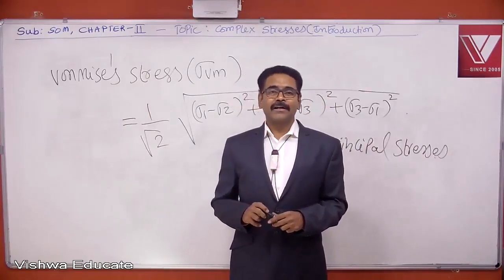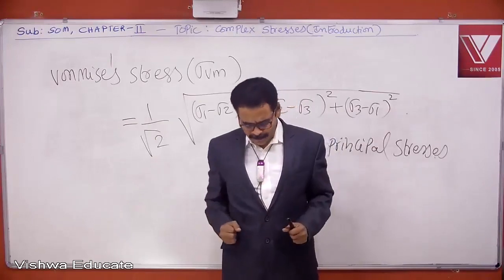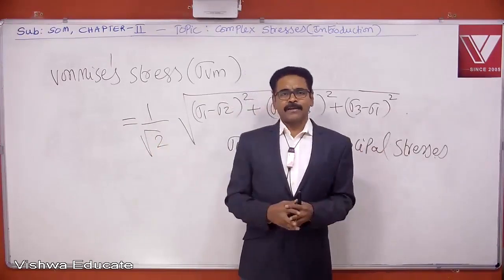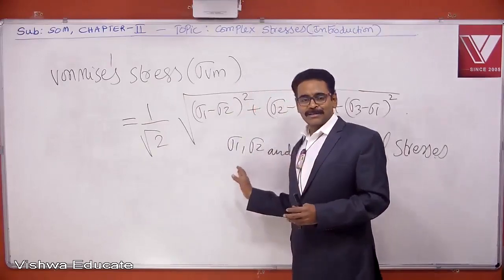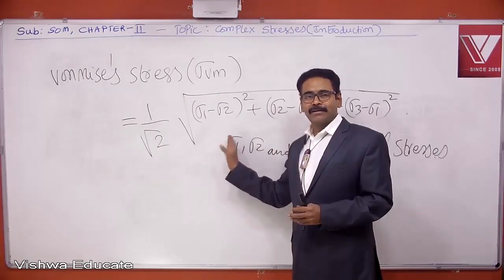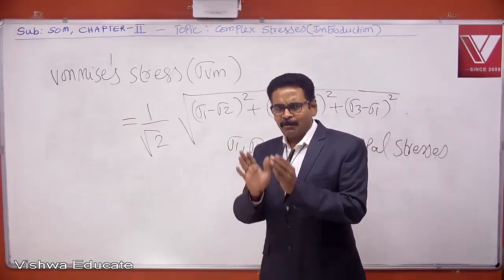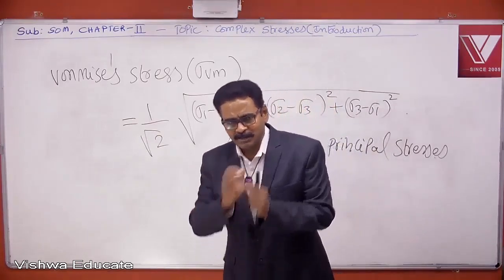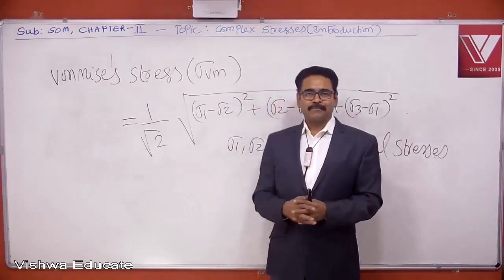We need not conduct so many tests. For practical validation, we may conduct 3-4 tests. Then we may validate with von Mises stress. This is really a very important stress. This von Mises stress may match with actual failure stress for many ductile materials. For brittle materials, they don't match.